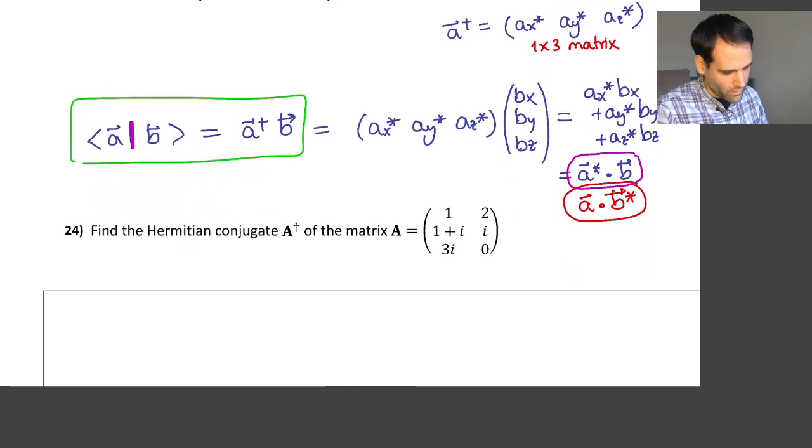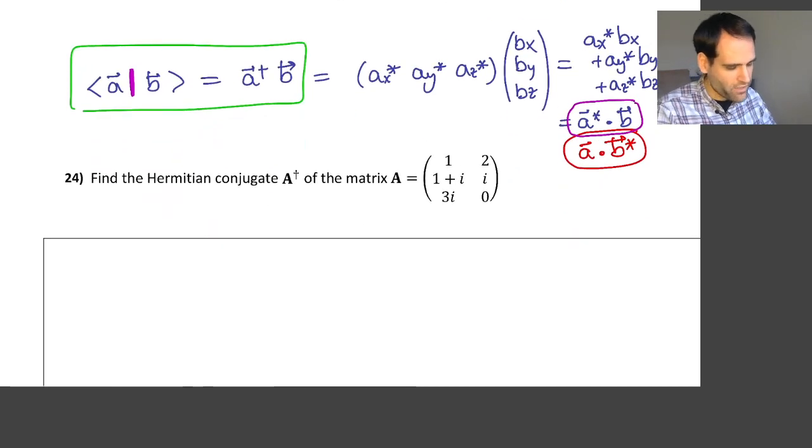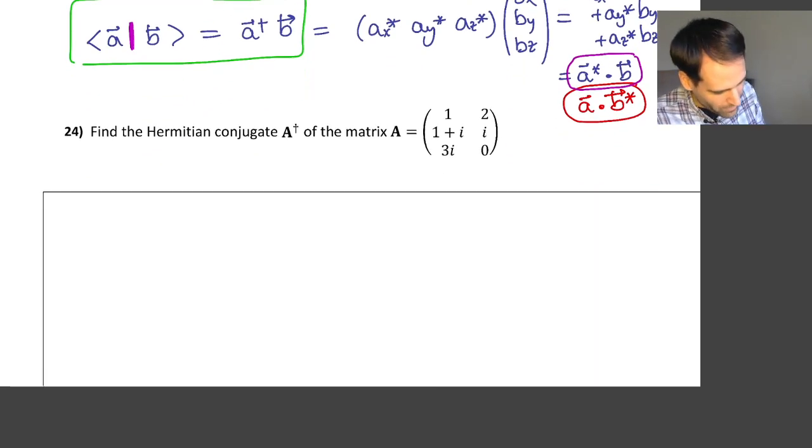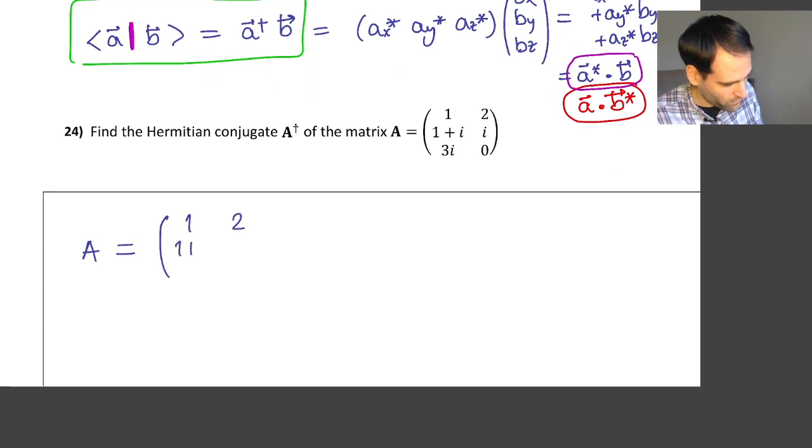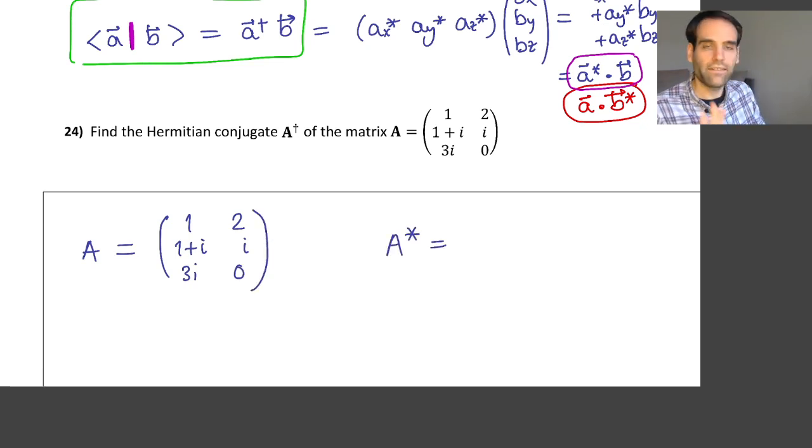Now, find the Hermitian conjugate A dagger of the matrix A. So let's do an example. You have a matrix A equal to 1, 2, 1 plus I, 3I, and 0. What would A conjugate be? So not the dagger, let's do the conjugate first. You just have to do the conjugate to each element.